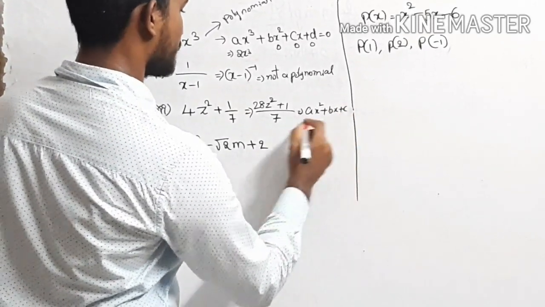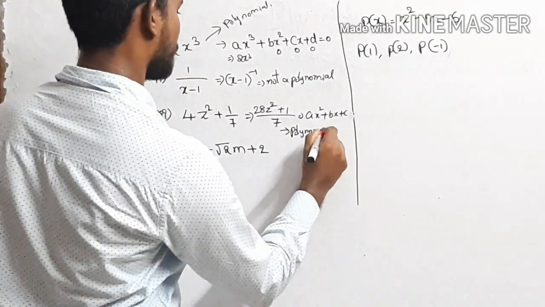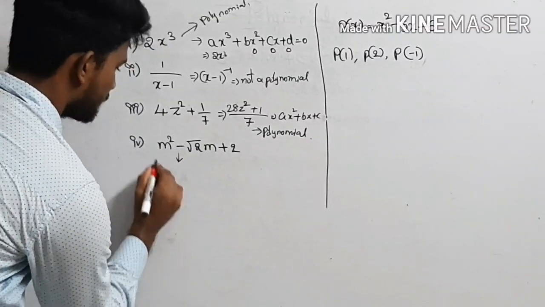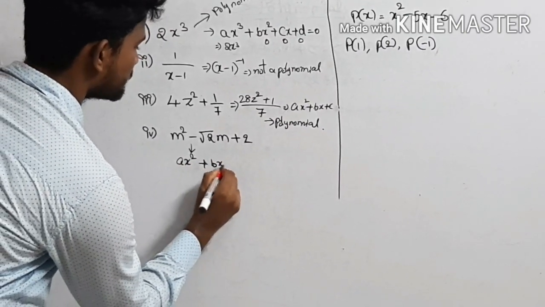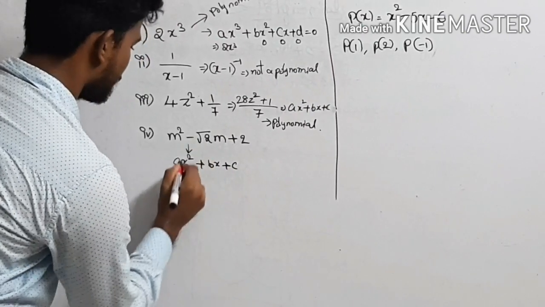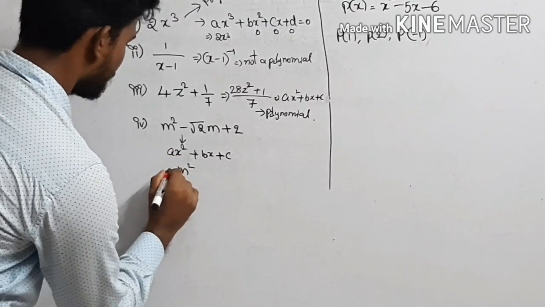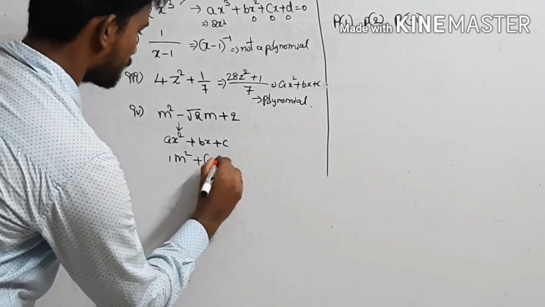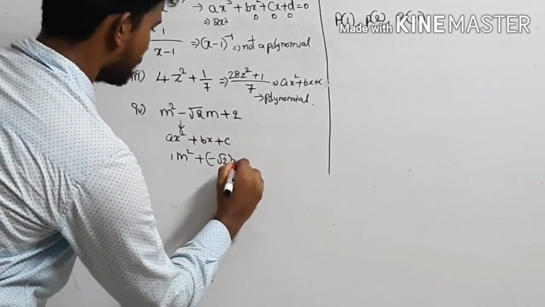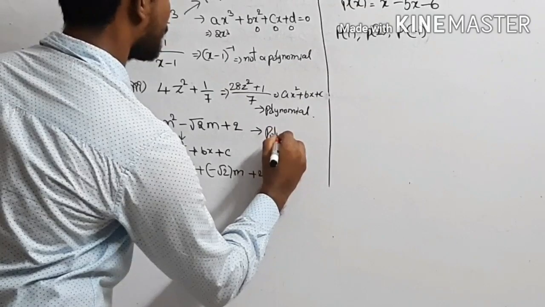Then it is a polynomial. For this one, it is in the form of ax square plus bx plus c. Here x square means m square, a is 1 and b is minus root 2. So it is a polynomial.